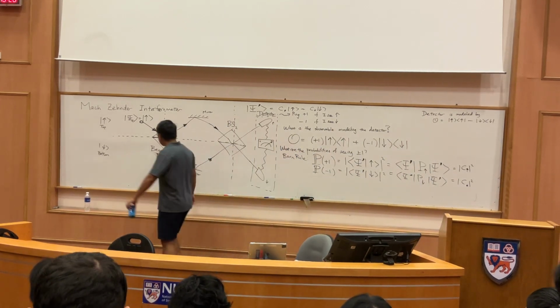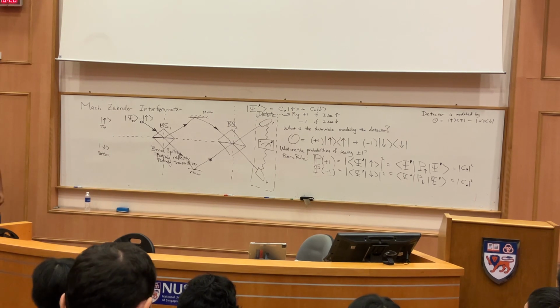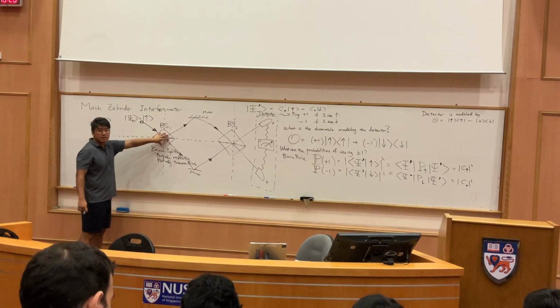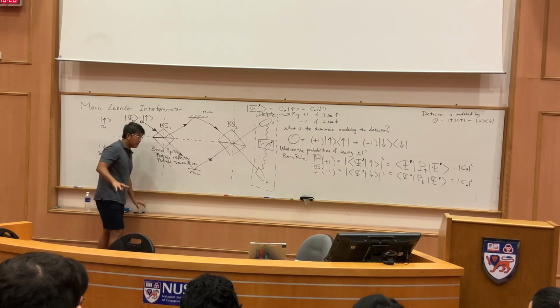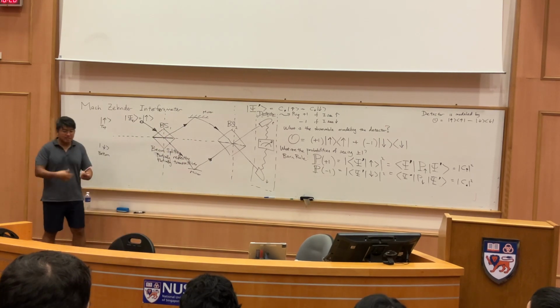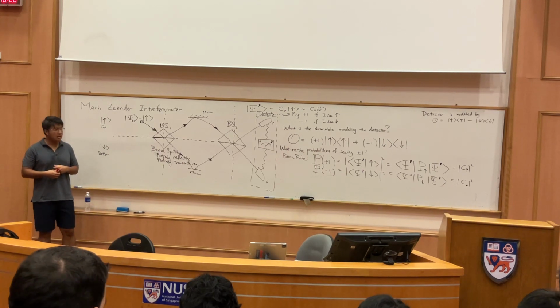Okay, let's go back to the beam splitter. So what's happening here? How do we model this event? Now we learned in the fourth part of quantum playground that time evolution is generated by a Hamiltonian, which gives rise to a time evolution operator.